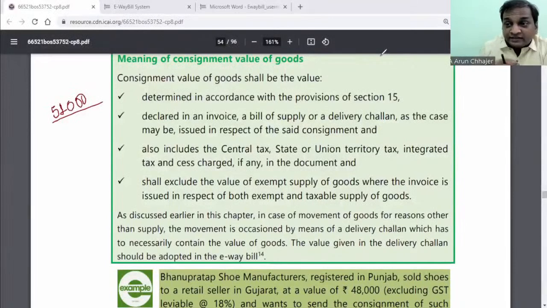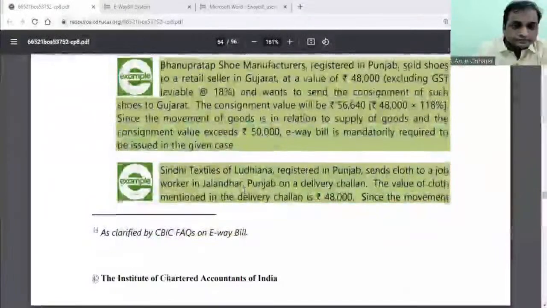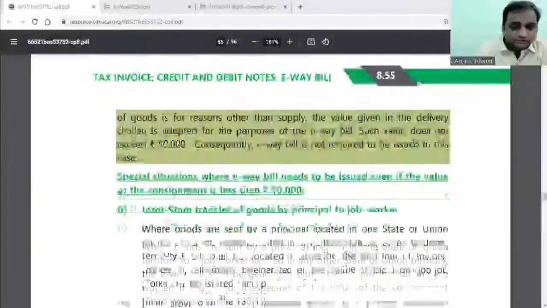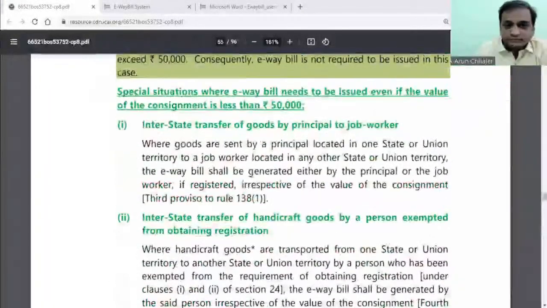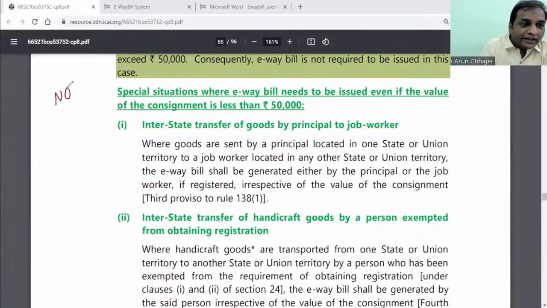If I am providing the consultancy services, I have raised a bill of rupees 51,000. Should I prepare the Eway bill or not? Yes or no? Give me the reason. The answer is no. Why no?